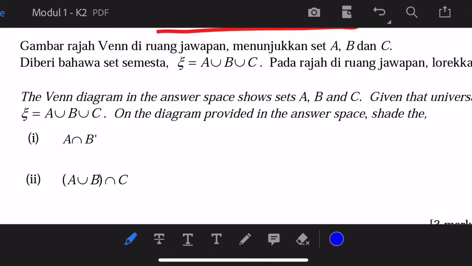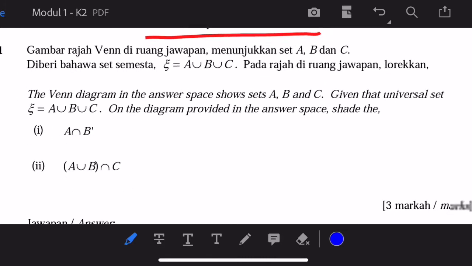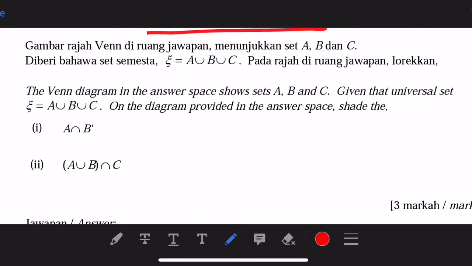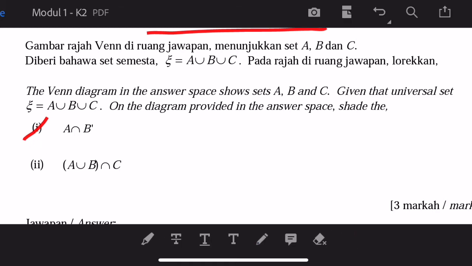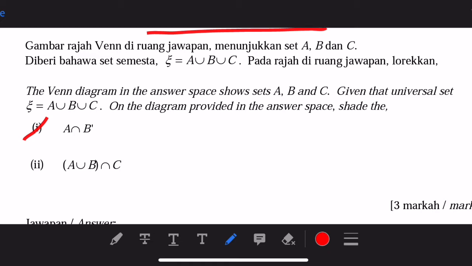So you will be given the Venn diagram. Normally, they ask you to do shading because they focus more on the skill of drawing. Okay, the diagram in the answer space shows sets A, B, and C. Given the universal set, okay, the universal set was given. On the diagram provided in the answer space, shade A intersect B prime.